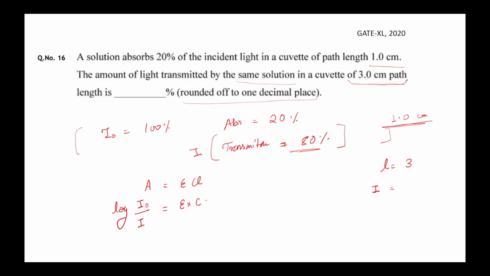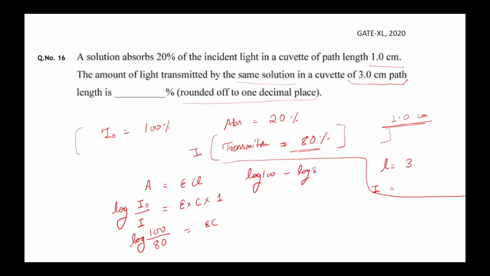E and C values are not given. We have the value of path length, which is 1 centimeter. We have this I naught value, so log 100 divided by 80 is equal to EC, or we can say log 100 minus log 80 is equal to EC.